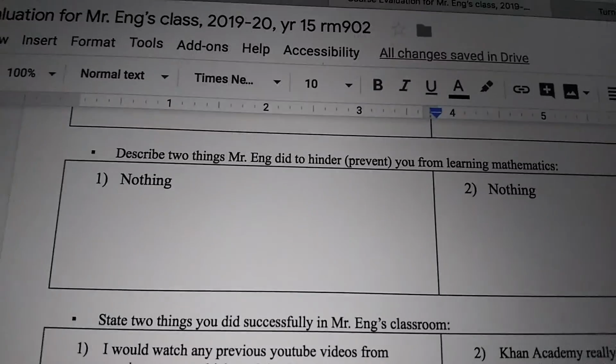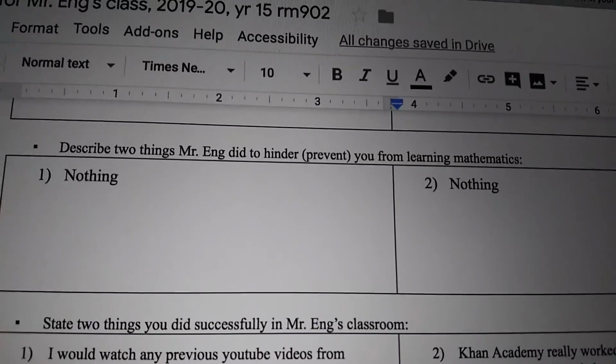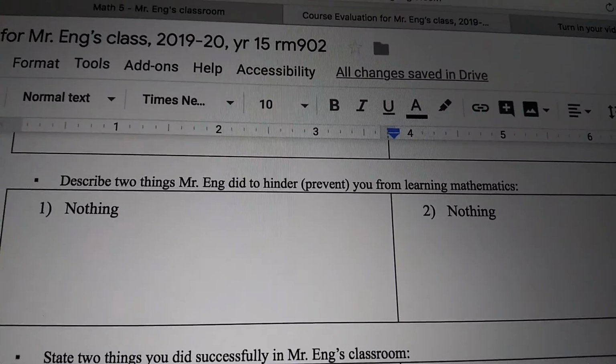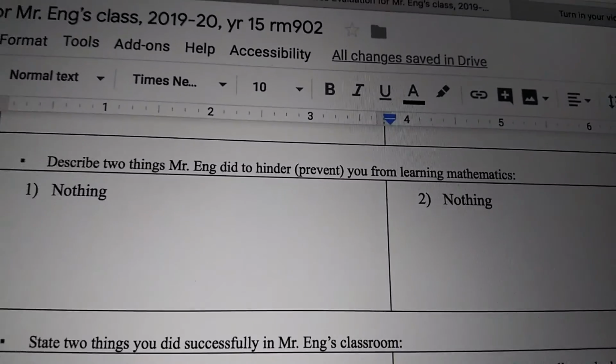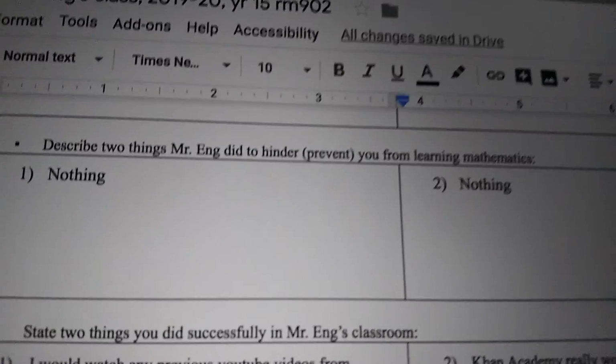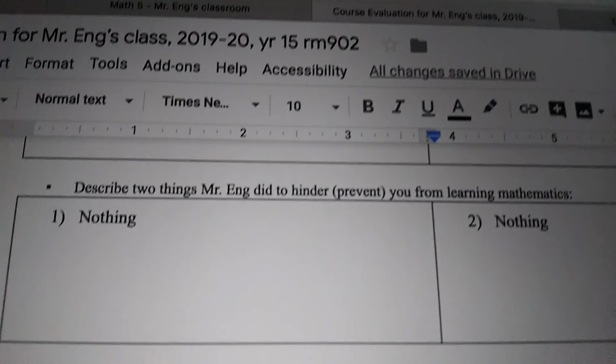Also, Mr. Eng did everything that he could so we could actually learn mathematics.